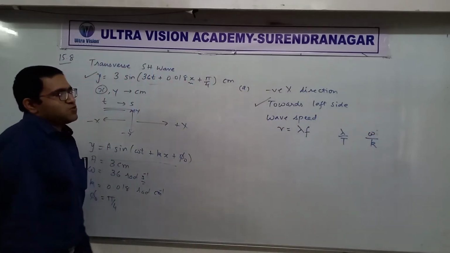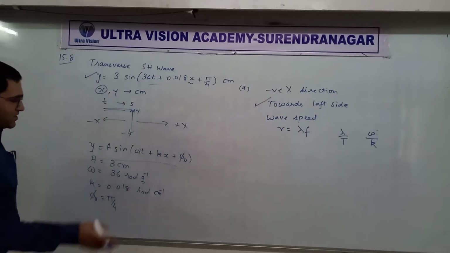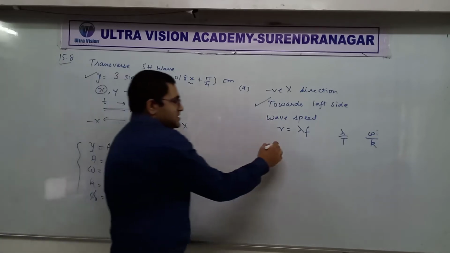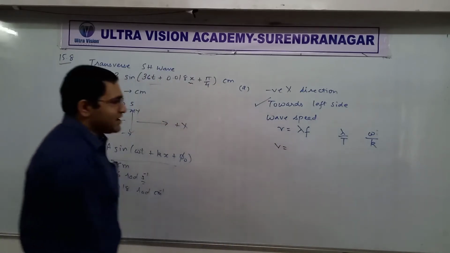Alright, so we have three choices. Out of all that, given the information that we have here, omega by k is easiest to use, so let's use that.